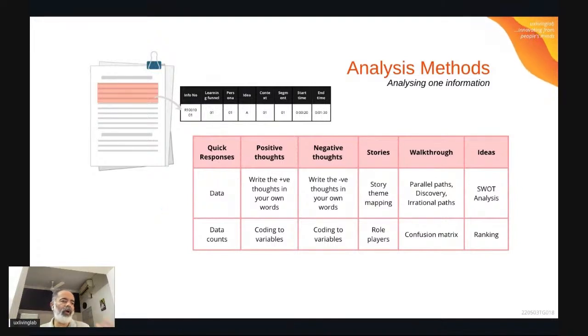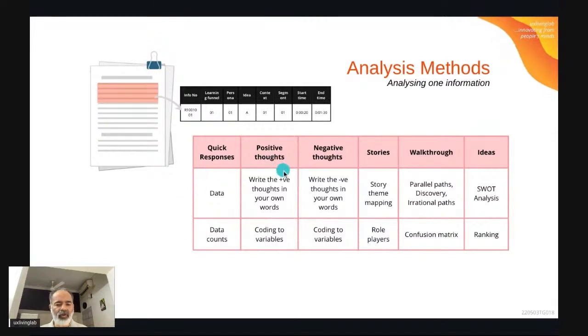You ask, are you liking it? Yes, no. No, I didn't like it. I like it. So this is a quick response, and it is always connected to data. So you take the quick response as data. Then you can count it: how many likes, how many dislikes.